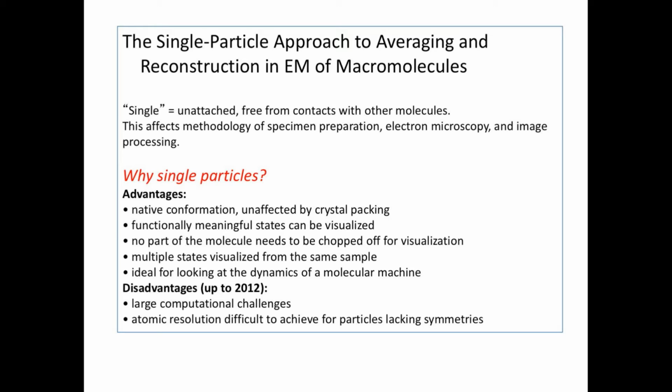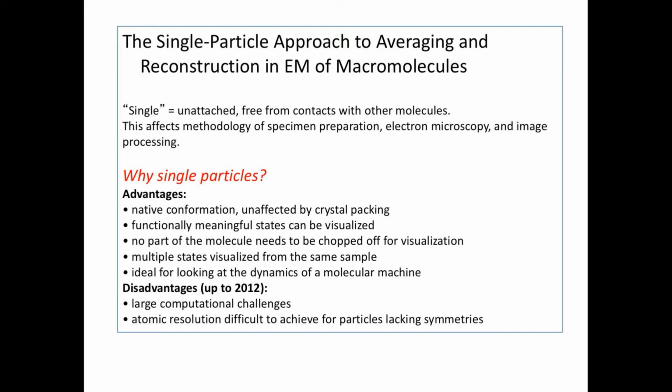And the most incredible thing now is that multiple states can be visualized from the same sample. So instead of just getting one single reconstruction out, very often we get multiple states that really reflect the function, that reflect states that are most populated in this progress of the function of the molecule.